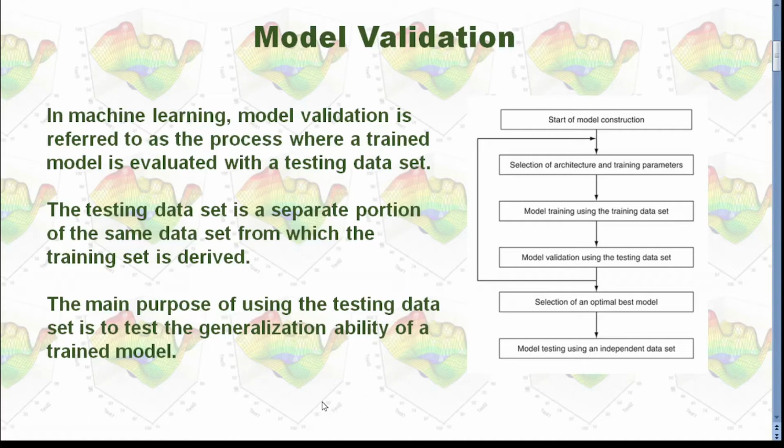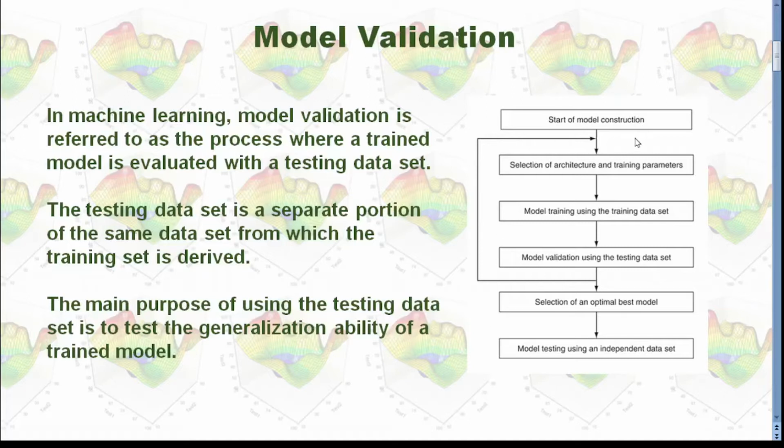The testing dataset is a separate portion of the same dataset from which the training set is derived. The main purpose of using a test dataset is to test the generalization ability of a trained model.